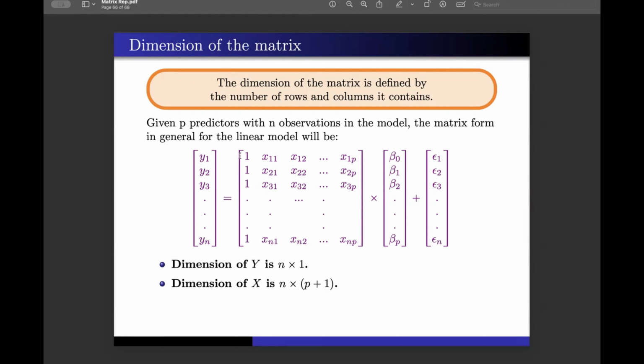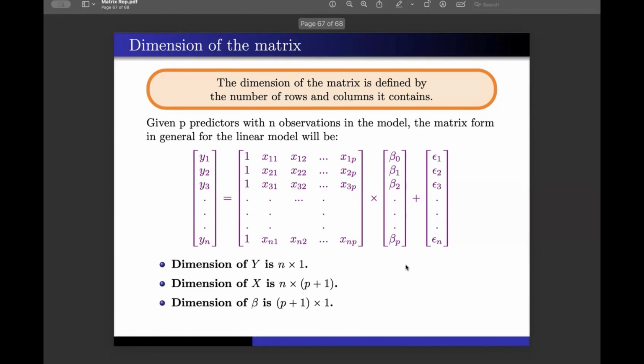Therefore, we have n observations, n rows, and then we have p columns for p independent variables plus one column for the intercept. So in total we have p plus 1 columns, and the dimension of X matrix is n rows cross p plus 1 columns. Dimension of X is n cross p plus 1.